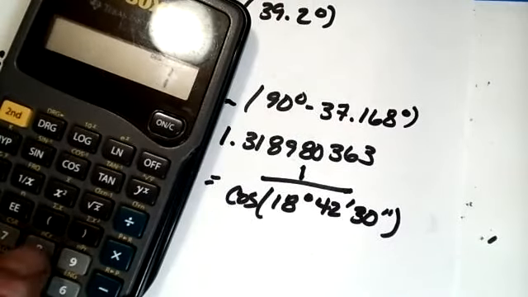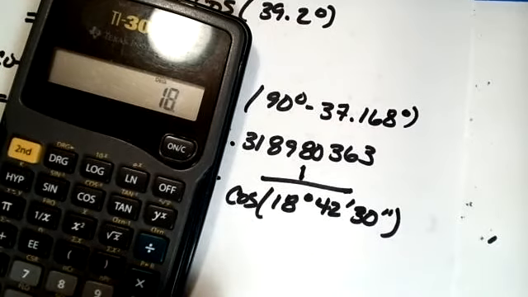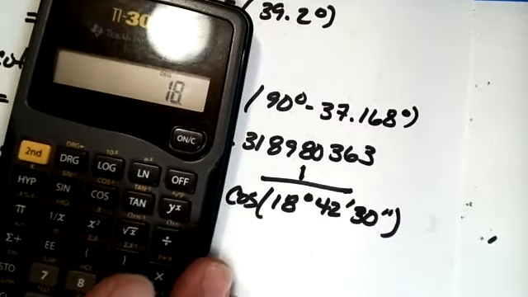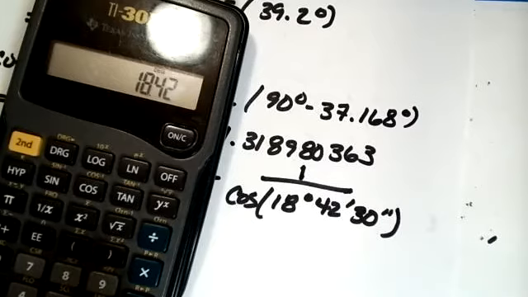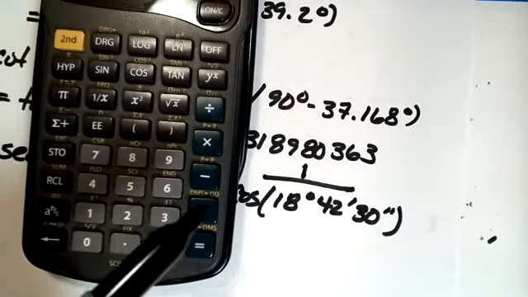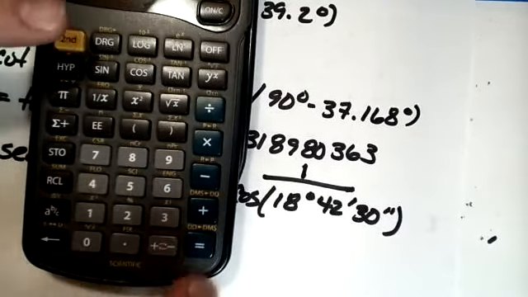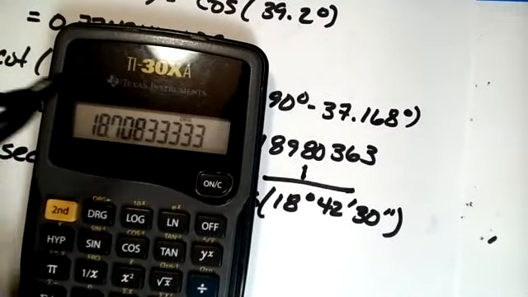So we could do the conversion, but it's much easier to use a calculator. So let's take 18 degrees, and then remember when I'm going from degrees, minutes, seconds to decimal degrees, the first two digits after the dot are the minutes. So 18.42, and then everything else will be arc seconds and decimal arc seconds, so 30. Now I want to convert from degrees, minutes, seconds to decimal degrees. So there's the decimal equivalent, which has sort of a repeating decimal.